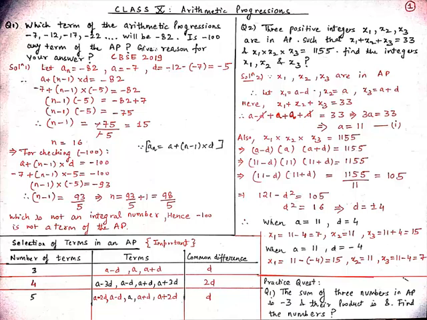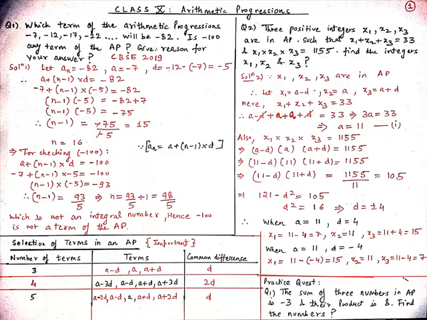So based on selection of terms in an AP, we will be doing our first question, which is: 3 positive integers x1, x2, x3 are in AP such that x1 plus x2 plus x3 is equal to 33, and x1 into x2 into x3 is equal to 1155. Find the integers x1, x2 and x3. So student, according to our question, here the number of terms is 3, which is odd.